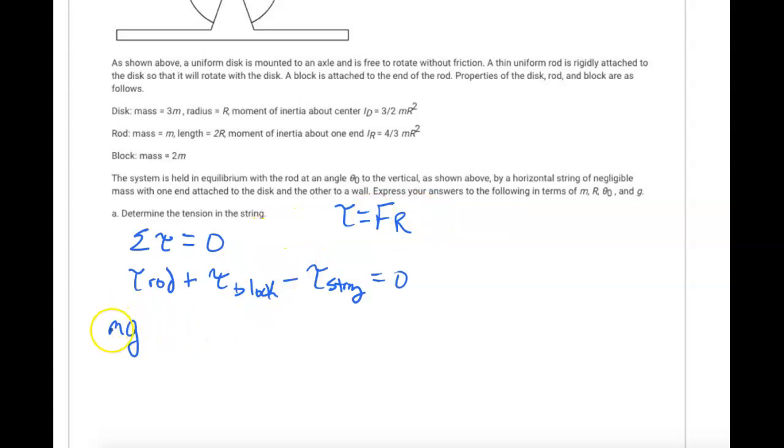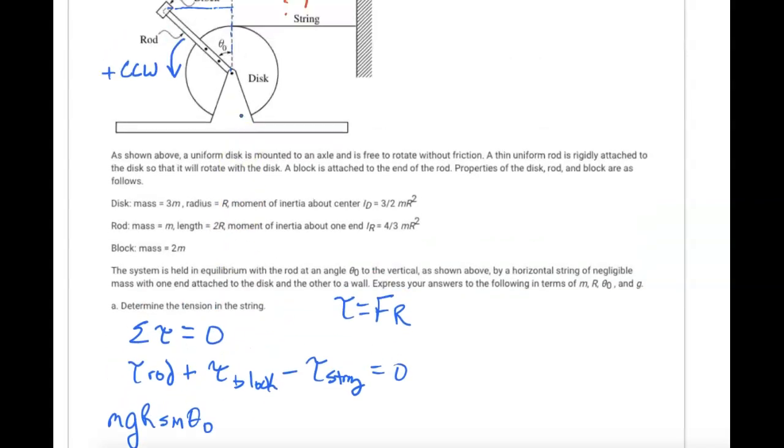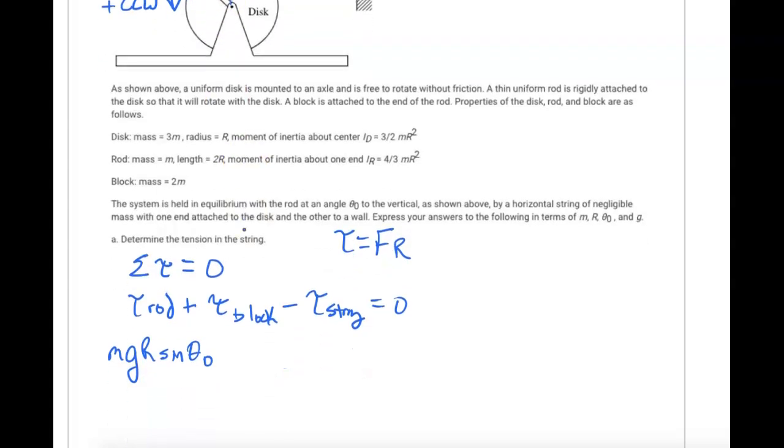So we're going to do m times g times r, times the sine of that angle, because we do have the angle here, and we know that the string is attached right at this point. The rod is at an angular distance theta, so torque is equal to F r sine of the angle.